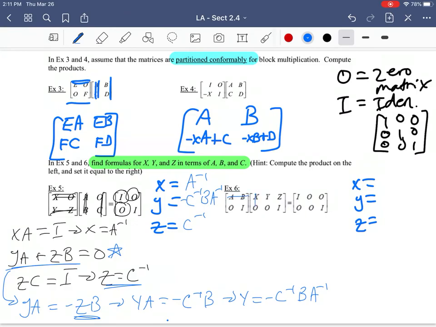All right, so let's do this for example 6 and see how it goes. So I have ab times xo, so that'd be a times x equals I, so ax equals I. So there I go. So x is a negative 1, just like we learned earlier. Let's see. ab times y0 equals 0. So ab times y0, that means a times y equals 0.